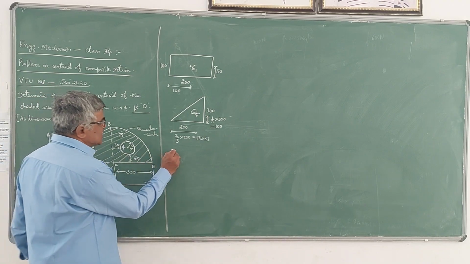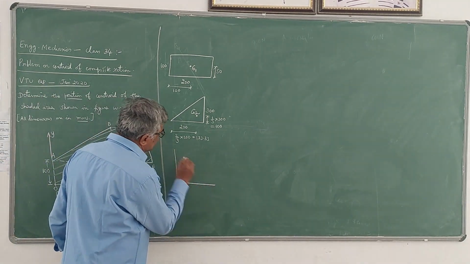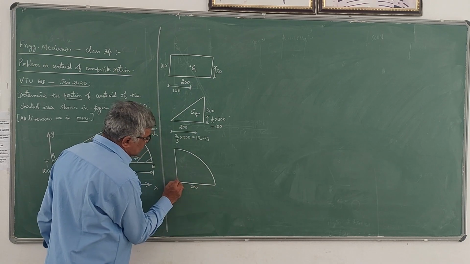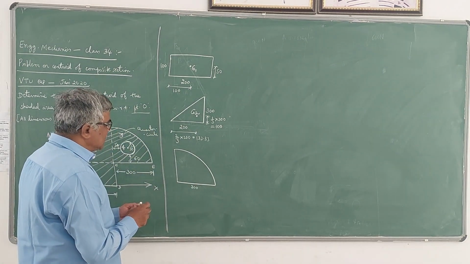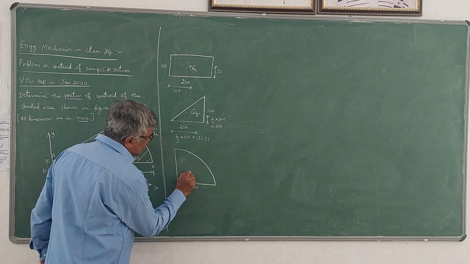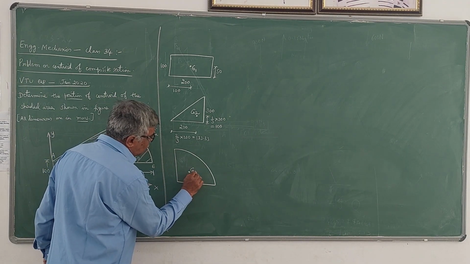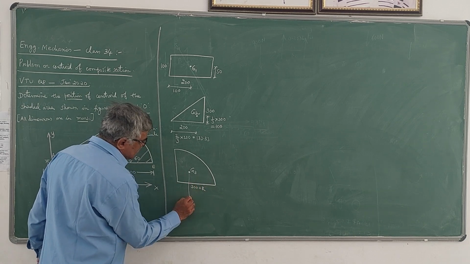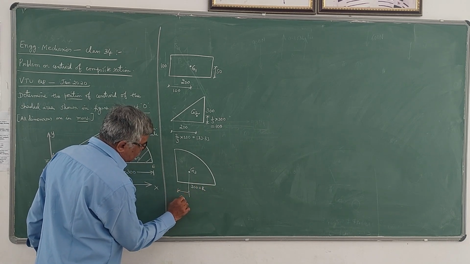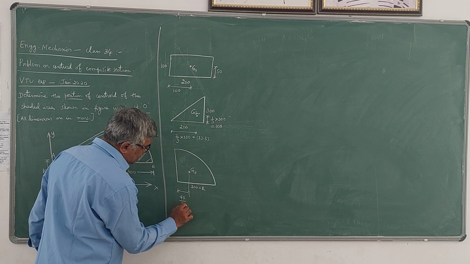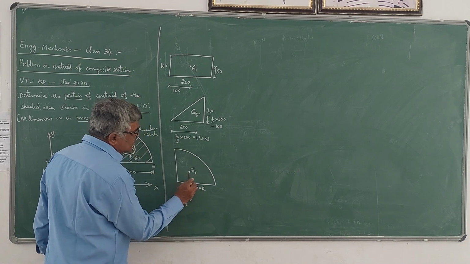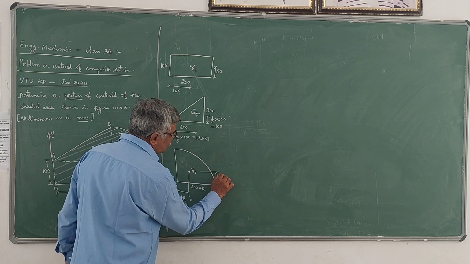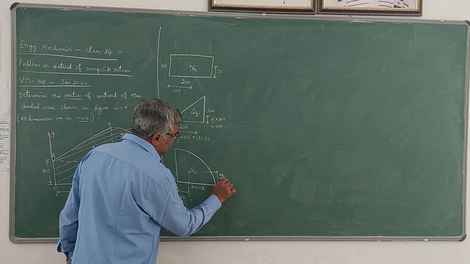Now quarter circle is there. Quarter circle is having a radius of 300 mm, and you know that in the case of a quarter circle, the centroid lies at a distance of 4r by 3 pi, where this 300 is the radius r. So this distance will be 4r by 3 pi, and the vertical distance is also 4r by 3 pi, where r is 300 mm.